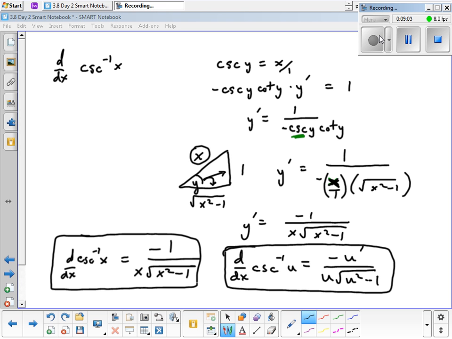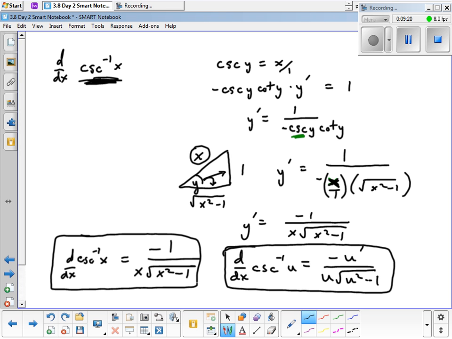Before we wrap up the video, there's one small precaution. You need to go back. If you take a look at your very first, so I've gone back to page 1 here, we're back to the derivative of inverse cosecant.